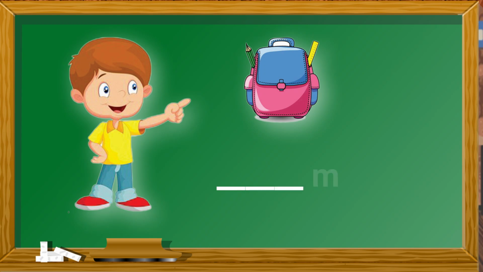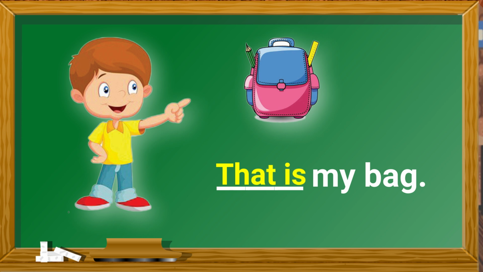Next we have: blank my bag. What demonstrative pronoun are we going to use? Wow! That's great! The demonstrative pronoun we're going to use is that is because the bag is far from the person who is talking.